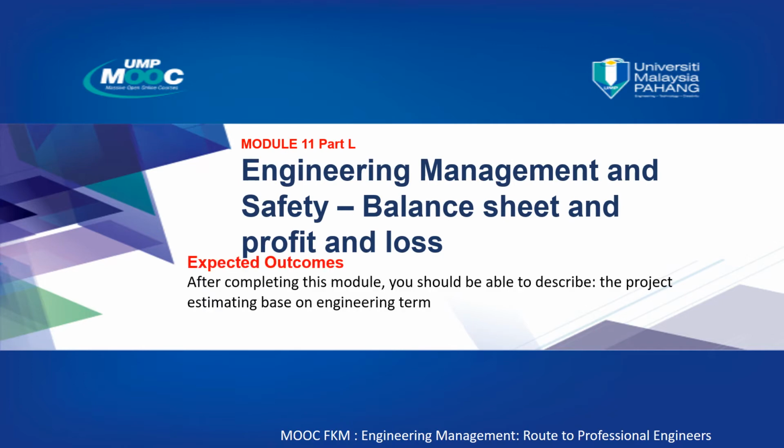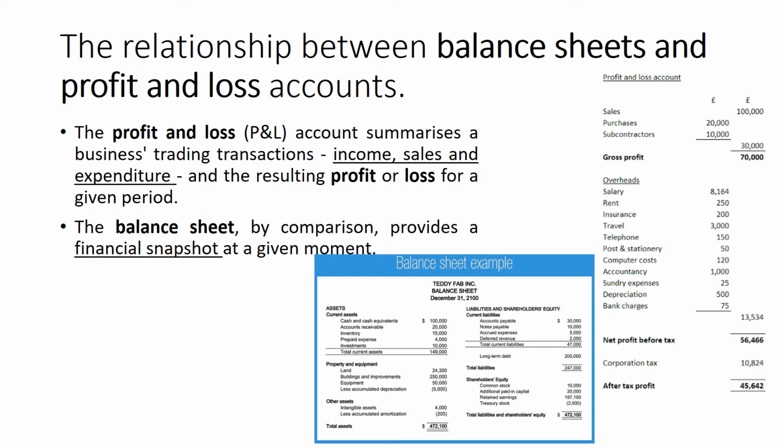Today we will continue our lessons about engineering management and safety, regarding balance sheets and profit and loss. The relationship between balance sheets and the profit and loss account is based on the understanding of P&L.